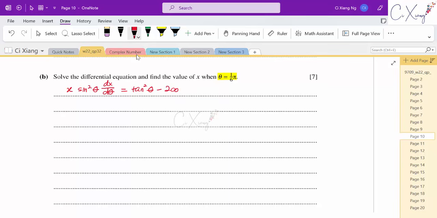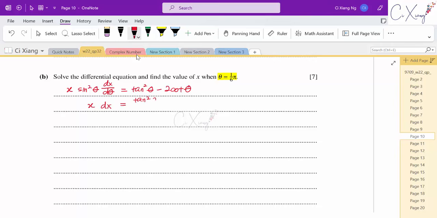minus 2 cotangent theta. Okay, so before I can move the d theta over, I want to group all the theta on one side and all the x on one side. I think it's very obvious. On the left hand side, we only have x and dx. And for the right hand side here, I want to move all the theta to the right hand side.